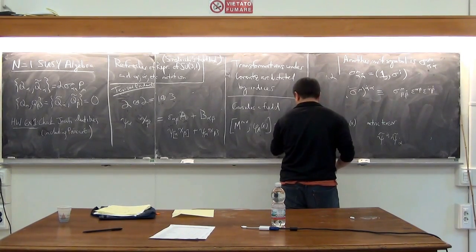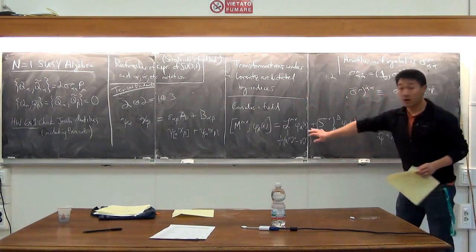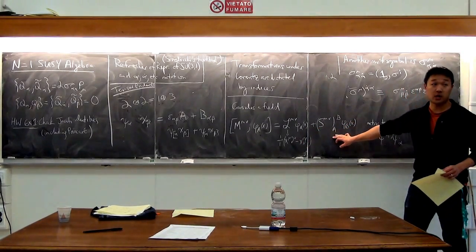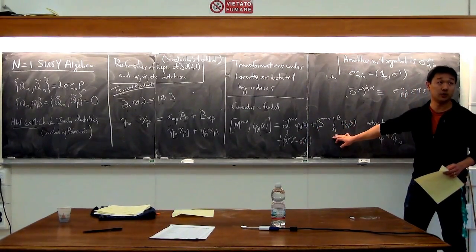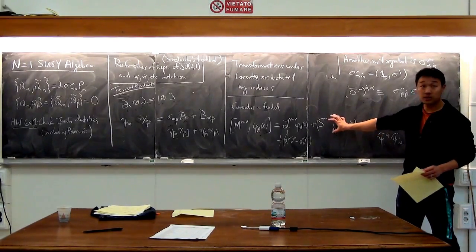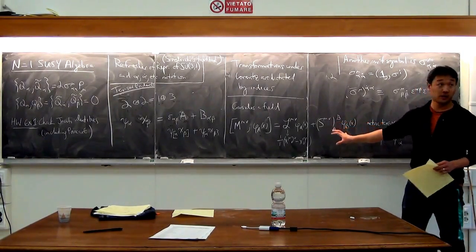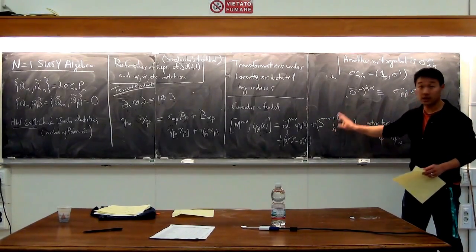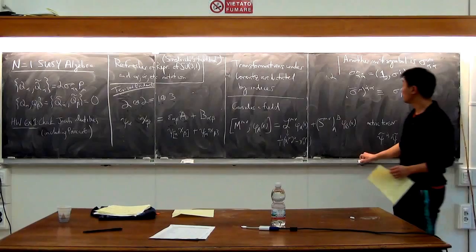So this part is always the same for any type of field. And then this part here depends on the representation of the field in question. Okay, so this is some matrix of matrices, if you like. So it's got this matrix here, and then it's also got this matrix here.